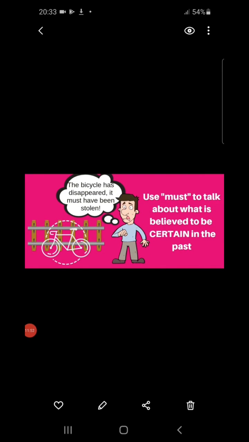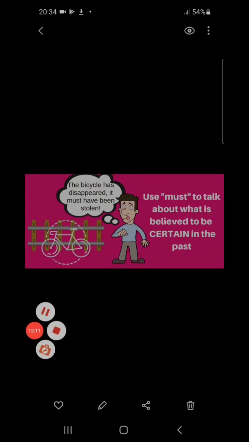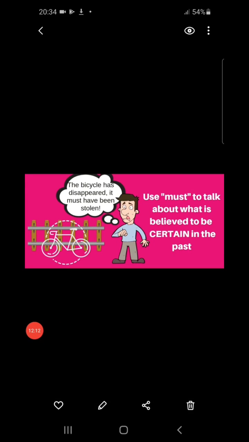Use must to talk about what is believed to be certain in the past. The bicycle has disappeared. It must have been stolen. So, it must have been stolen. Students, these are basically about recent past.